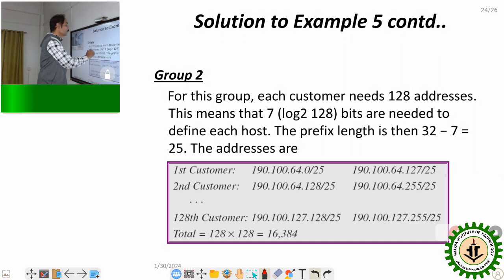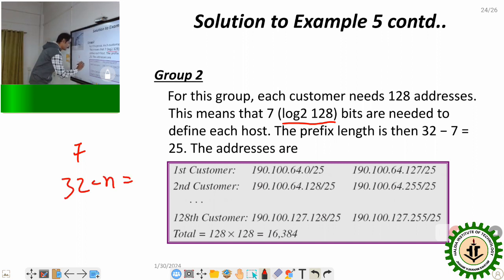Here is group 2, where we have 128 hosts and at the same time 128 addresses. So if we consider this one, only this mathematics will give us the number of mask bits. So log 2 128 leads to 7. So how are we getting 7? Actually 32 minus n should be 7.